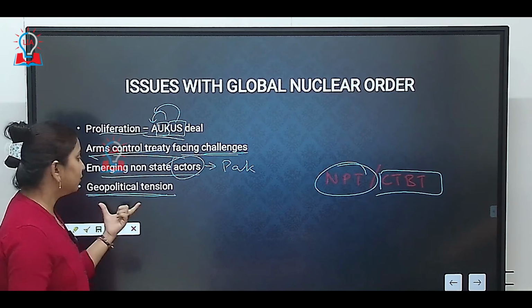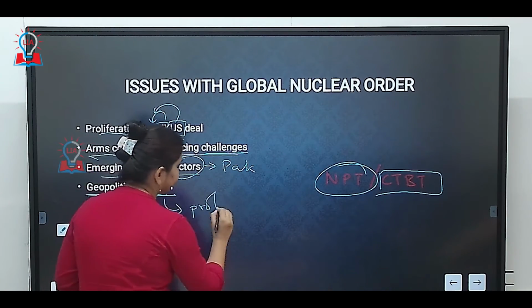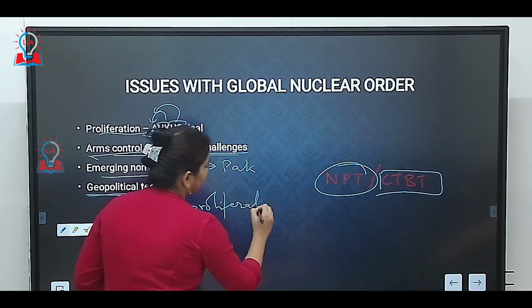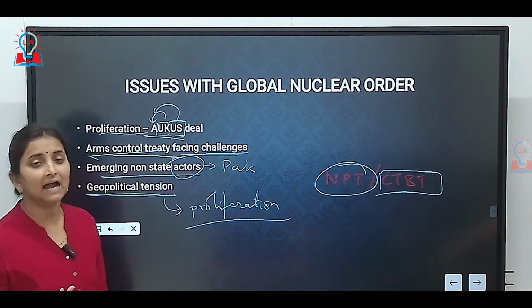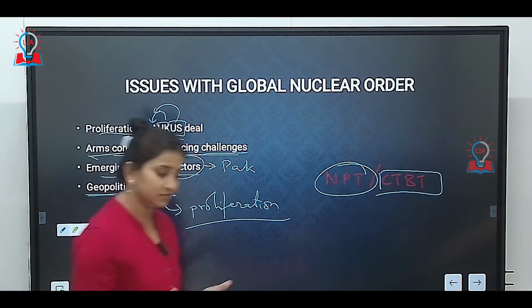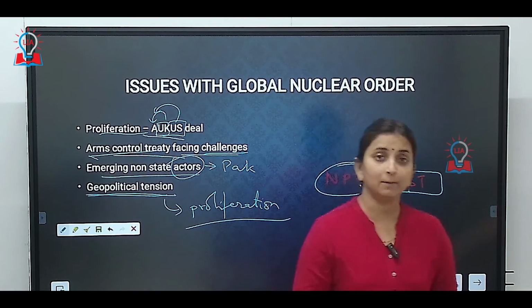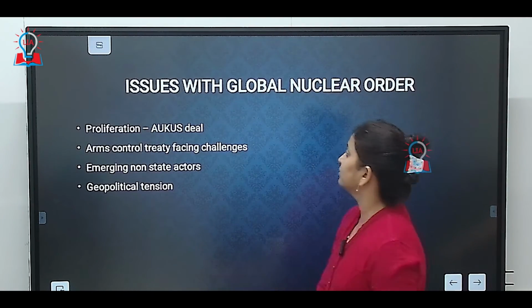So there are so many geopolitical tensions which in turn can lead to proliferation, or mishandling of nuclear missiles, or their usage when things can be resolved via peace also. So these are some of the major issues with the global nuclear order.